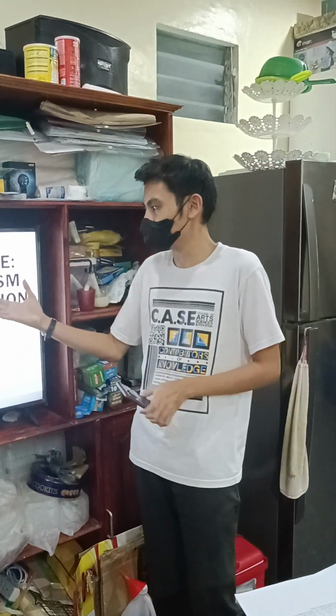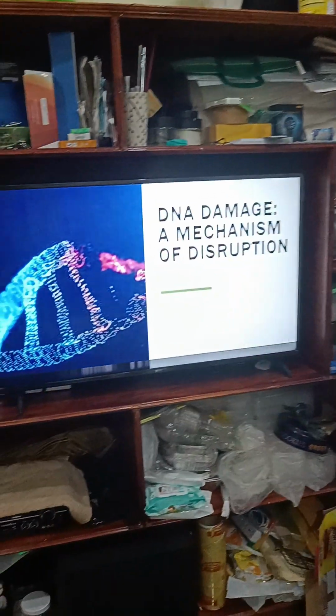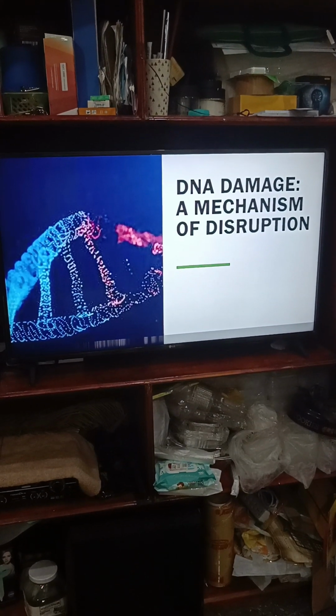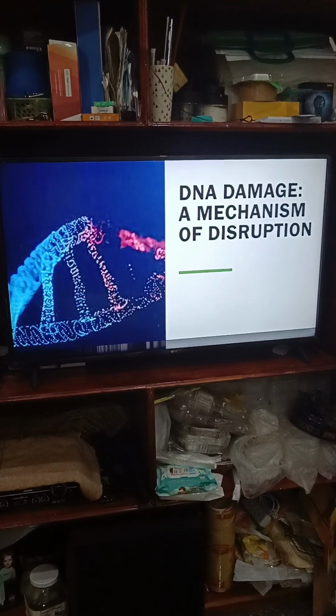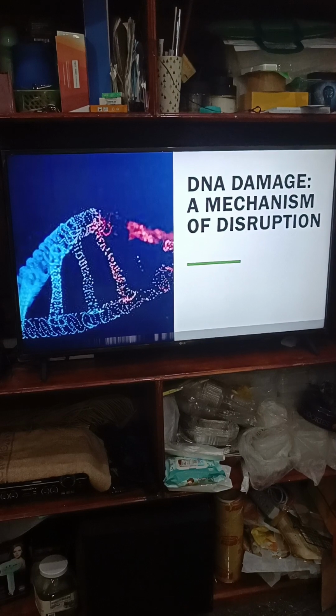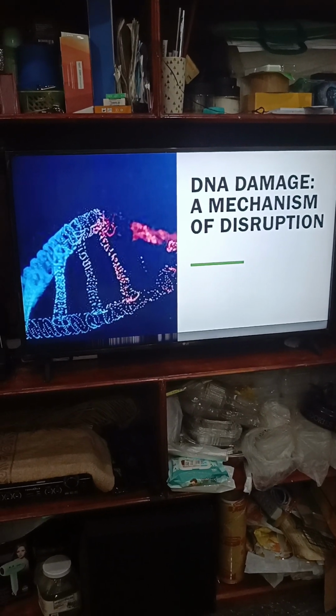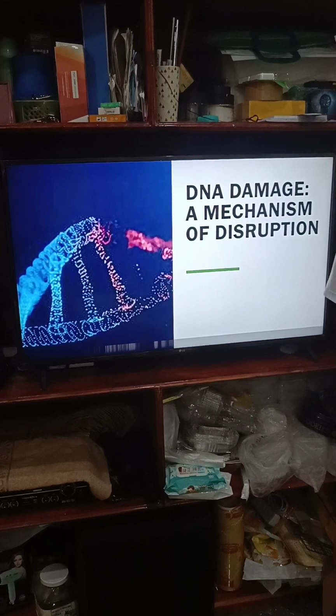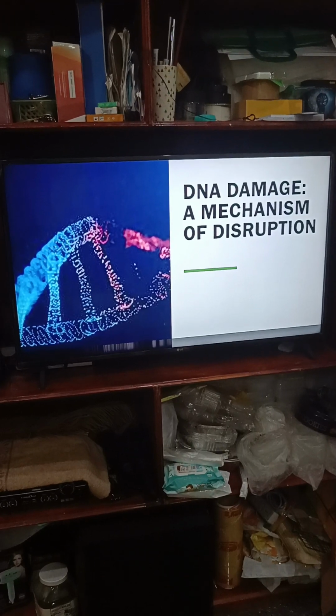DNA damage is a mechanism of disruption. DNA damage due to environmental factors and normal metabolic processes inside the cell occurs at a rate of 1,000 to 1 million molecular lesions per cell per day.